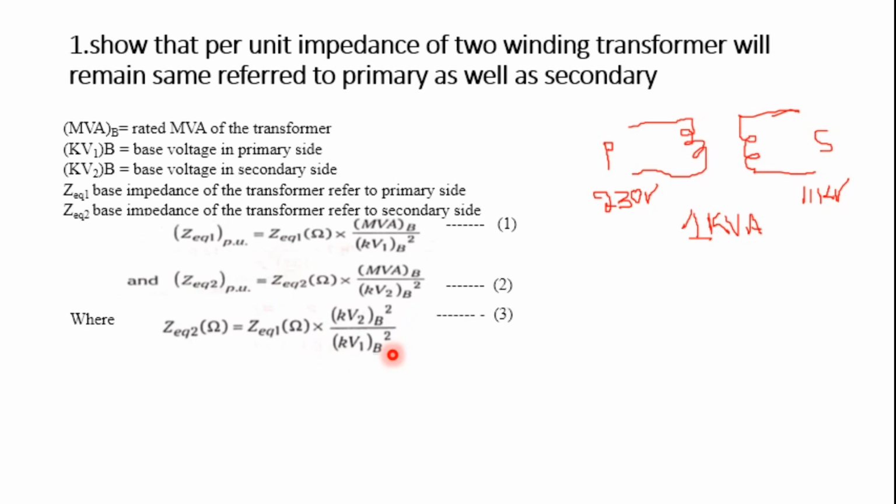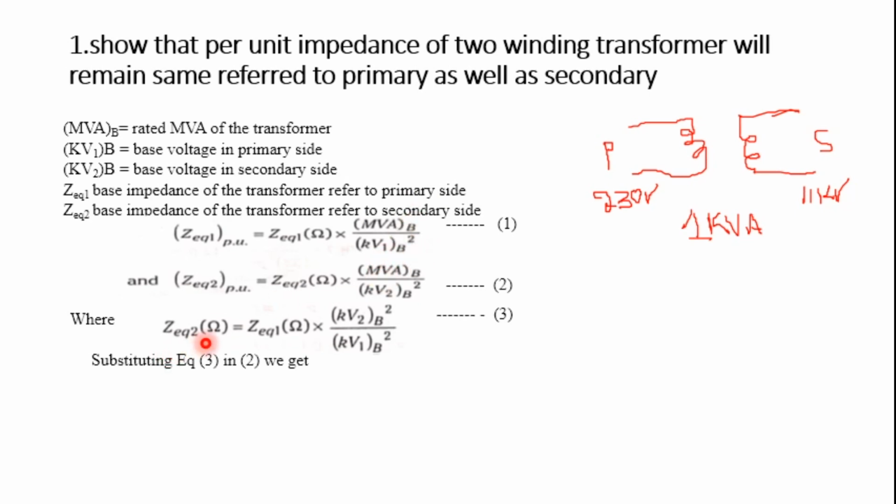How did you get this? You can consider this equation. You make equation 2 divided by 1 and you will get it. Equation 2, what is it? Z equivalent 2 divided by Z equivalent 1. What are the common things? Here MVA base is common, so these two will get cancelled.